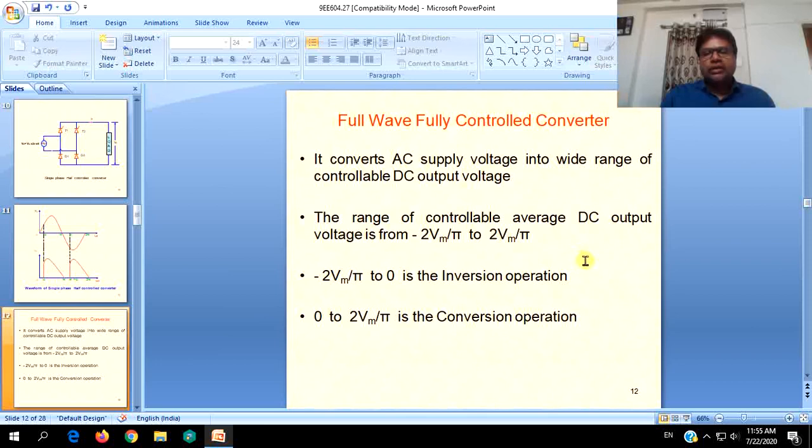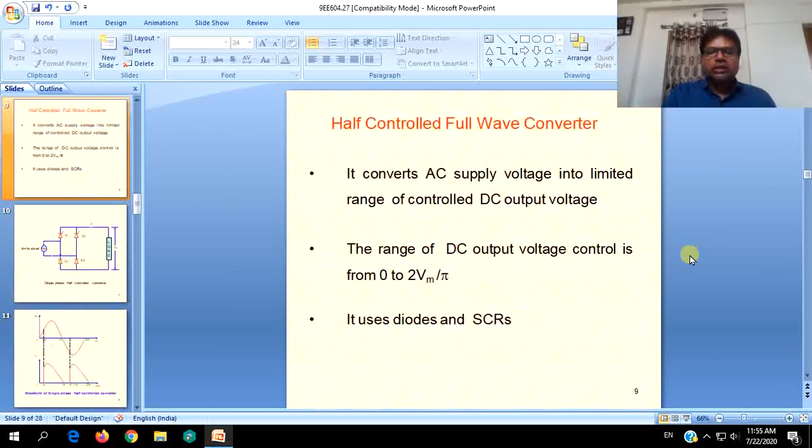That is double when compared to the previous, the semi-controlled action. In a semi-controlled converter, the range of DC output voltage control is 0 to 2Vm/pi.